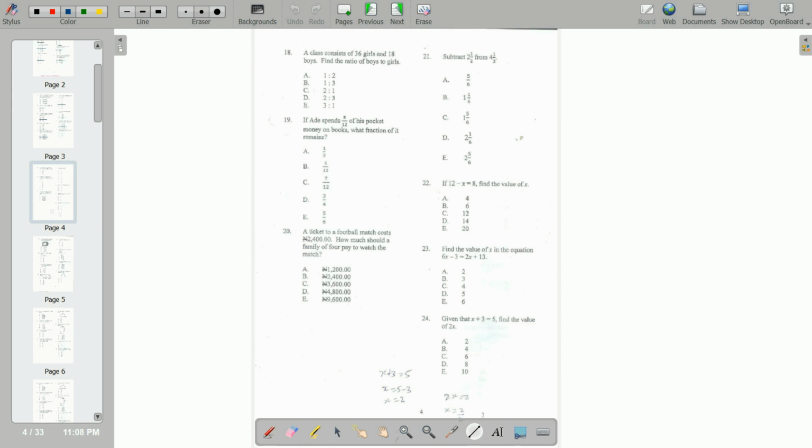Next, we move to question 19. If Ade spends 5/12 of his pocket money on books, what fraction of it remains?